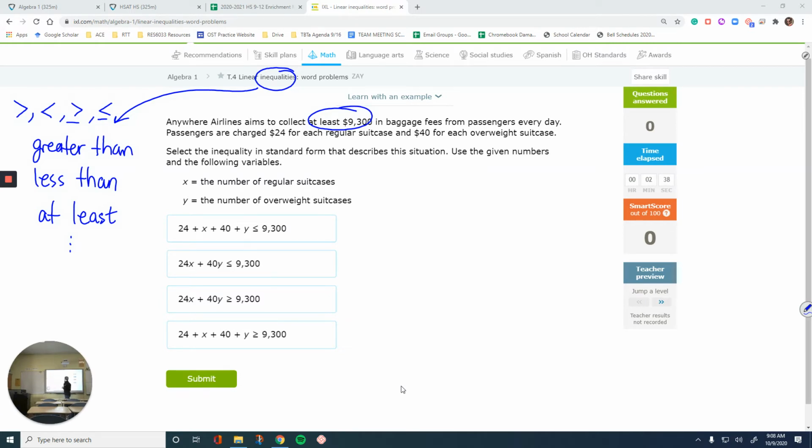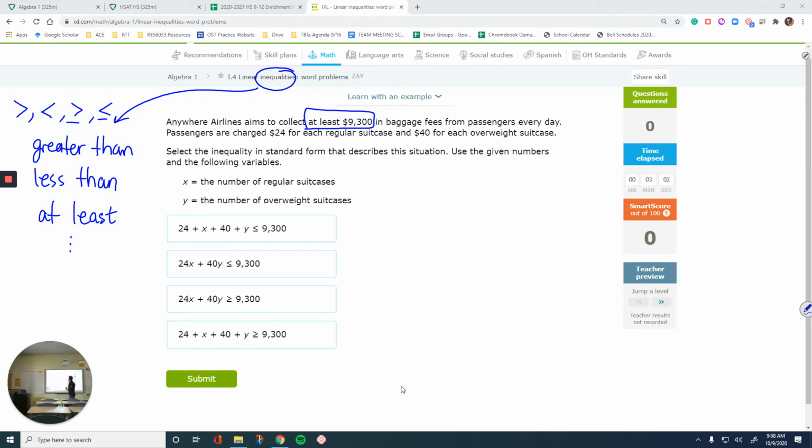Okay? So at least 9,300. What does that mean? Could it be more than that? If you say no right away, it's because you don't think about what I'm saying. If they can collect at least 9,300, that means that they could collect more than that.